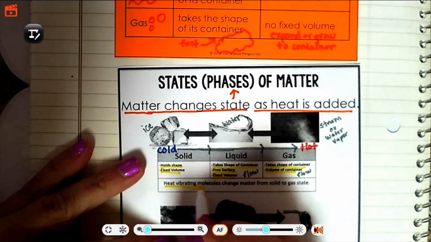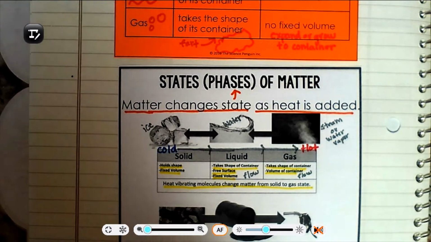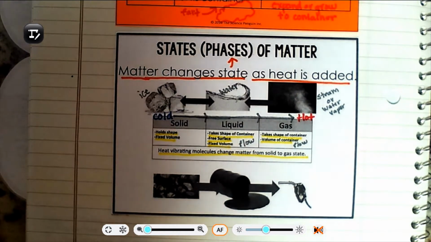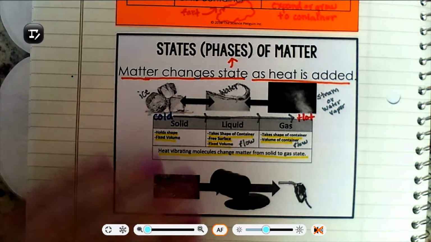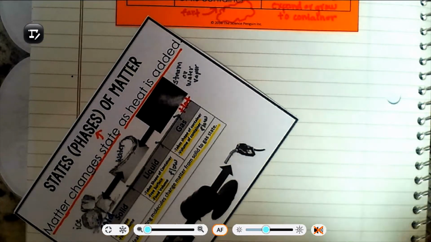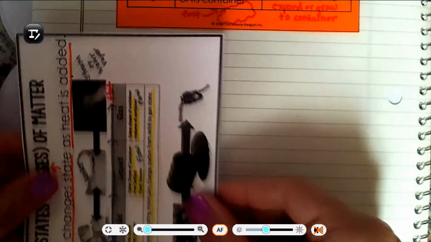So heat vibrating molecules can change matter from solid to gaseous state. So you remember that in that Magic School Bus episode when they were riding on the go-karts? That's kind of what happened. So here's just another example. So we're going to get that glued in. You're going to turn it on its side like this. Either direction, your choice. And glue it in under here.